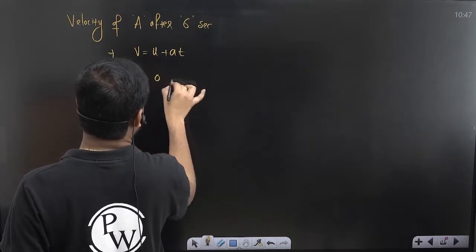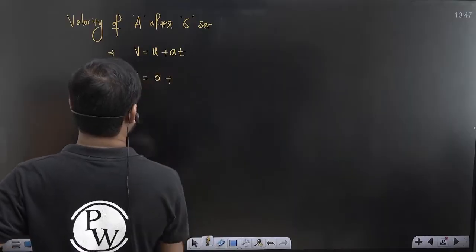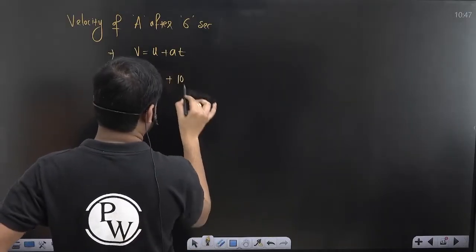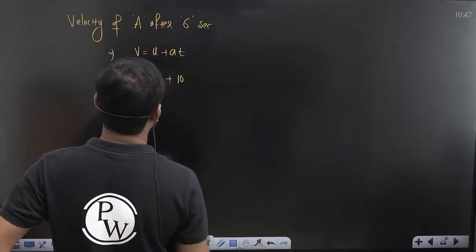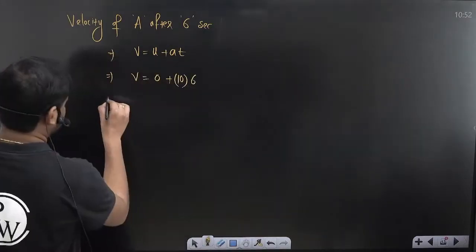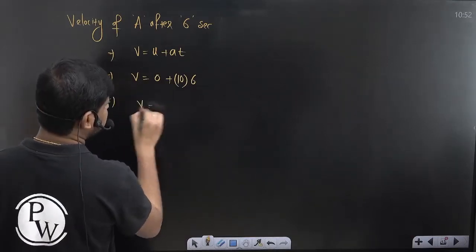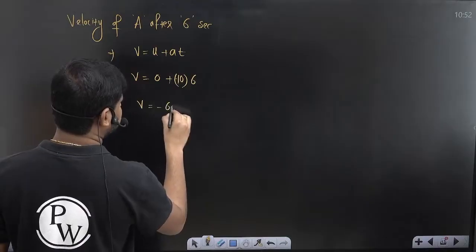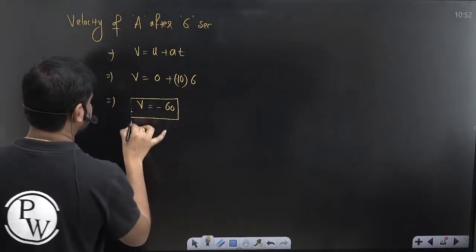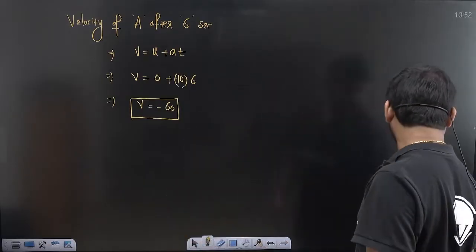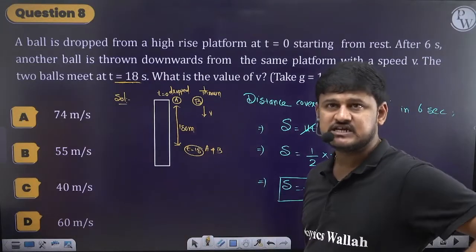What is a? a is minus g, that is minus 10, into the time taken, 6 seconds. This acceleration should be taken as negative, right? Therefore v = minus 60. This is the velocity of A after 6 seconds.